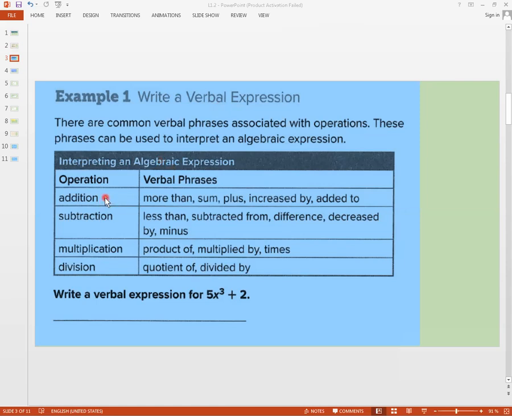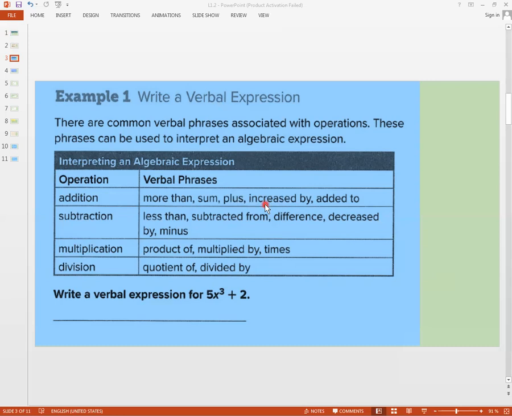You can use addition, plus, when you see more than, sum, plus, increased by, add to, okay? This is the translation. When you see more than, or sum, like the sum of 5 and 7, it's concerning the addition operation.